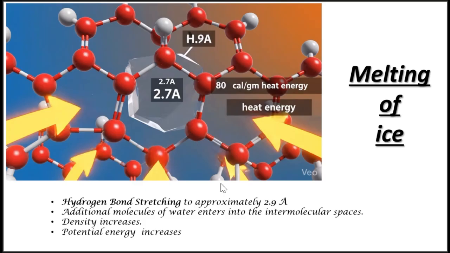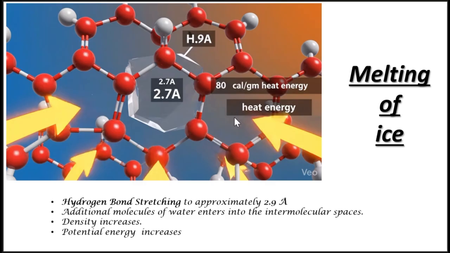Then, the absorption of energy will not raise the temperature, but it increases the potential energy of the molecules, and with that increase, the attractive forces between the molecules in the ice will be overcome.